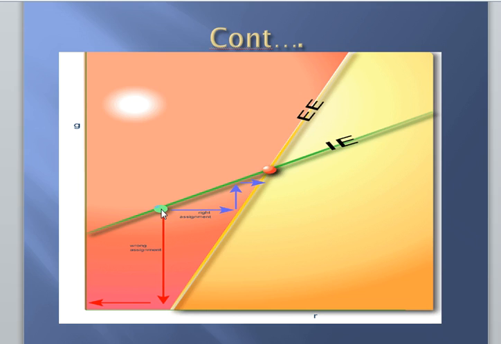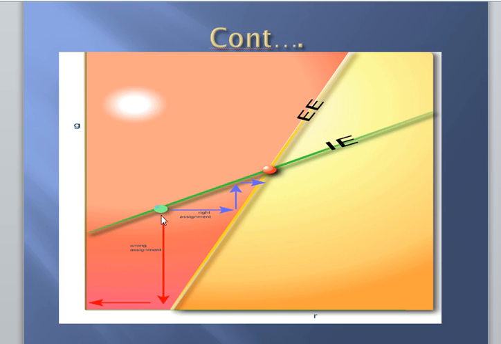if the economy uses an expansionary policy, there are two policies. G is the fiscal policy, government spending, and R indicates monetary policy, or the rate of interest. At this point the economy only has internal equilibrium.